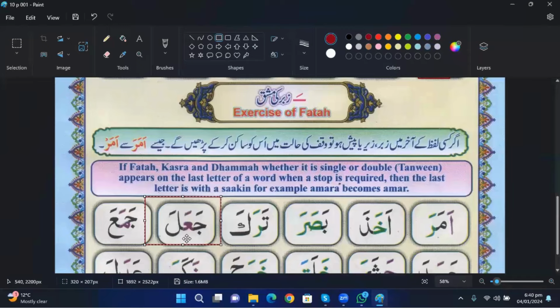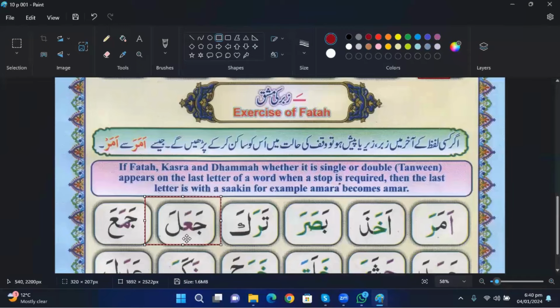Gunna means to hide your sound in your deep nose. Gunna is also called a deep nasal sound. You can explain properly what Tanween is, how you will read Tanween, what Gunna is, and how you will read the letters where you need to do the Gunna. As we know that we are using the color-coded Qaida, we are following the colors.